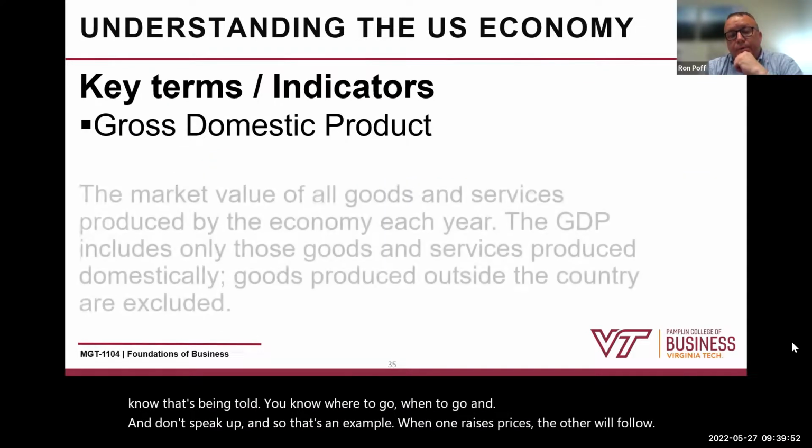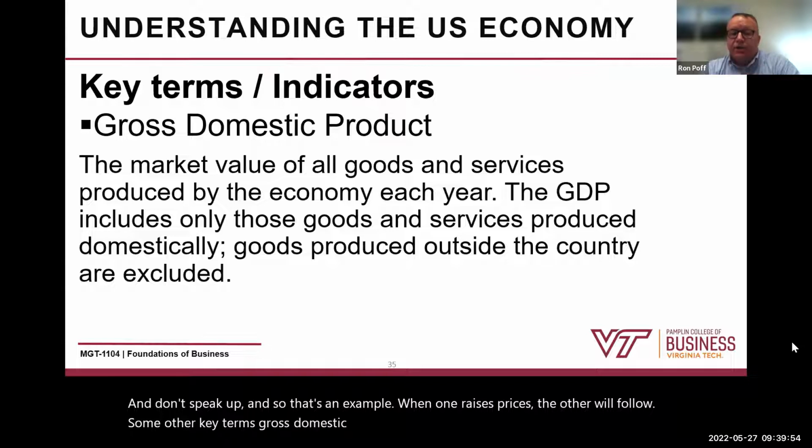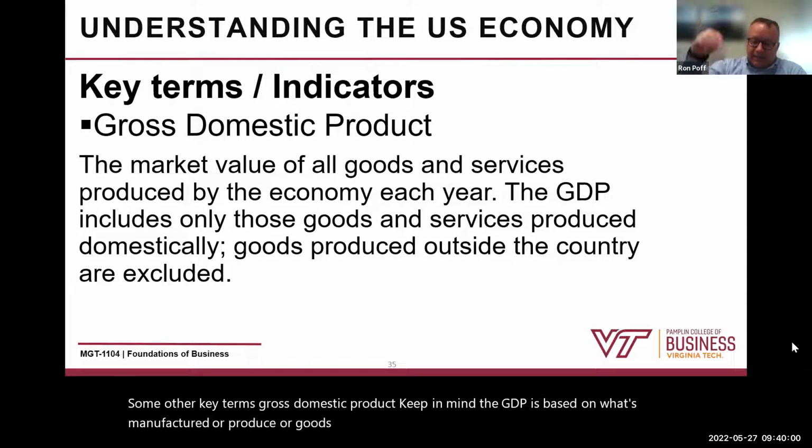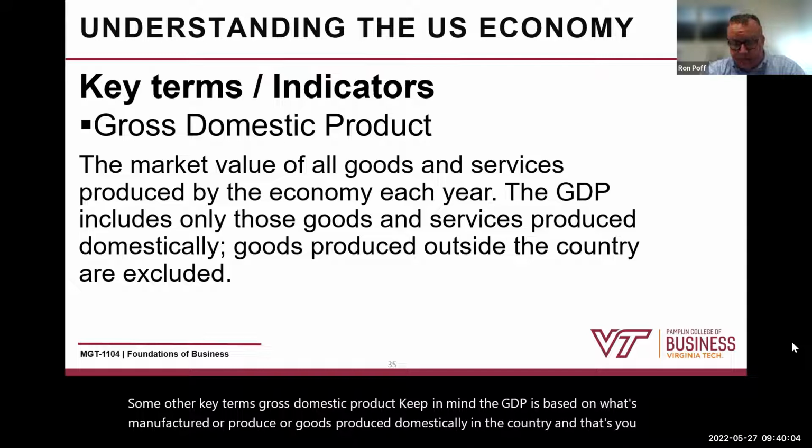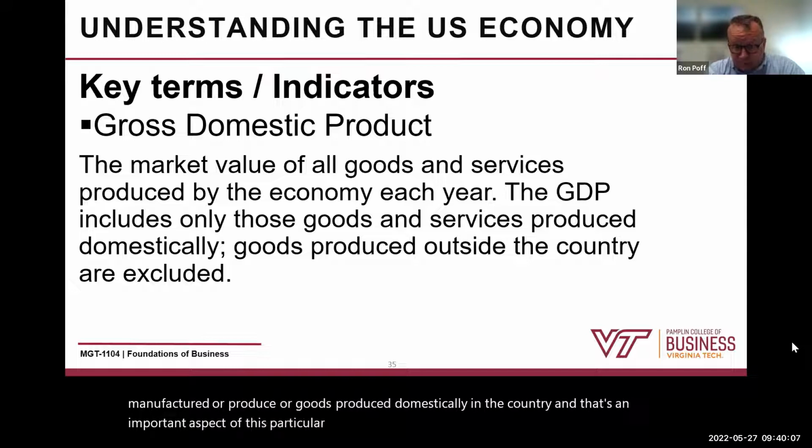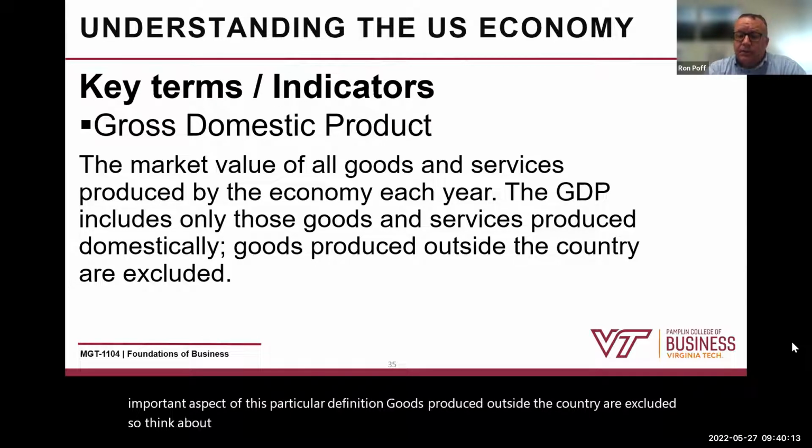Some other key terms: gross domestic product. Keep in mind the GDP is based on what's manufactured or produced, so goods produced domestically in the country. And that's an important aspect of this particular definition. Goods produced outside the country are excluded. So think about some of the major purchases that you've bought in the last year.